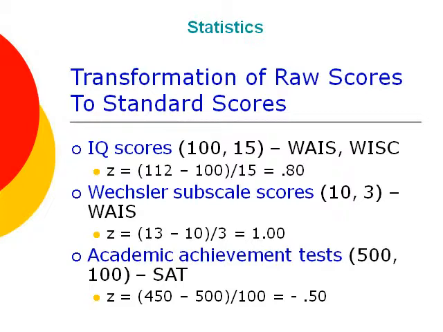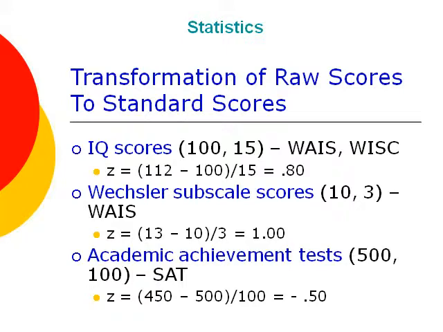Using this transformation, scores are changed such that the mean of the new distribution is 10 and the standard deviation is 3. Thus, a score of 13 is one standard deviation unit above the mean. We can determine this by using the z formula. We subtract 10 from 13 and divide by 3, which equals 1.00.